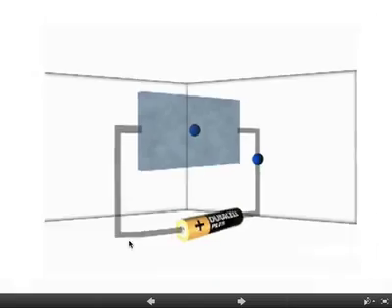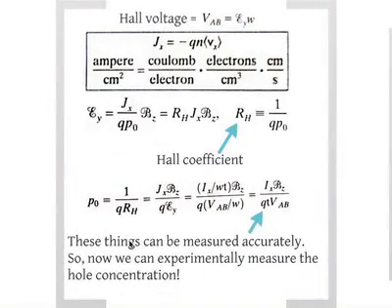Now, we can substitute for average value Vx, because Jx is given by this. So I can take this and put it there. So what do I get?